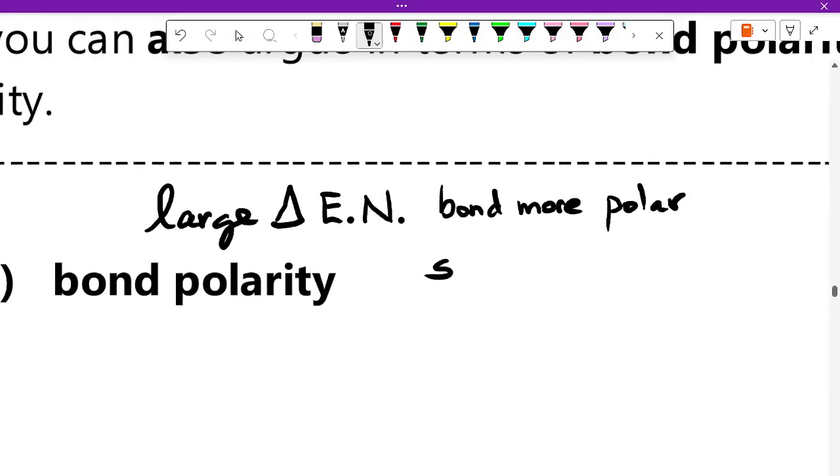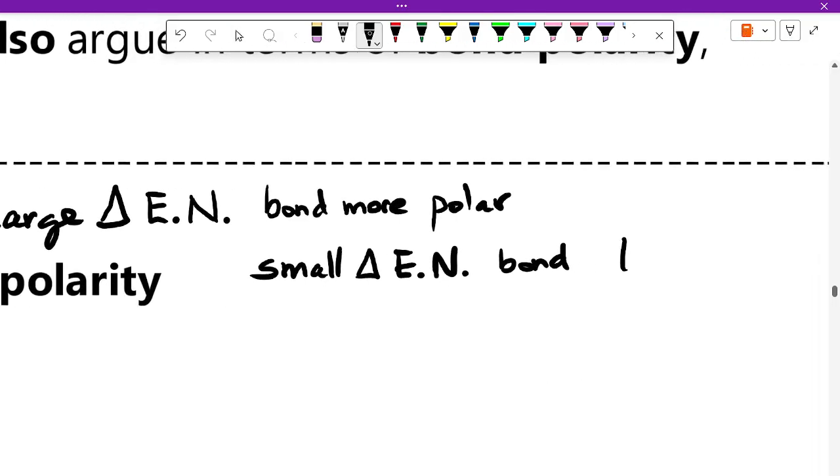If you have a small difference in electronegativity between the two atoms, the bond will be less polar. And if you have exactly the same electronegativity, the bond is nonpolar.